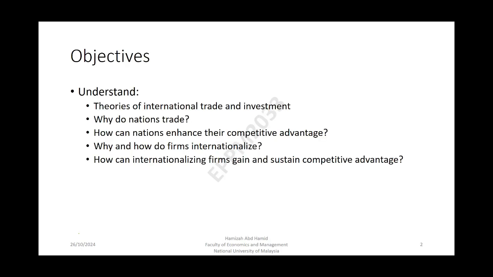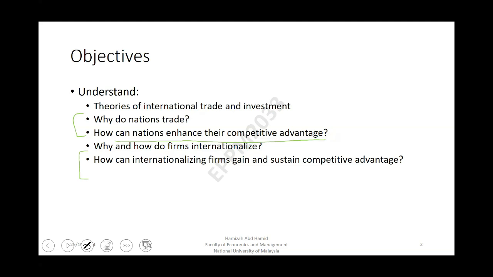Two things here. We will discuss the question of why nations trade, and after they have been trading with each other, how can they enhance their competitive advantage. We will also discuss firm level theories.